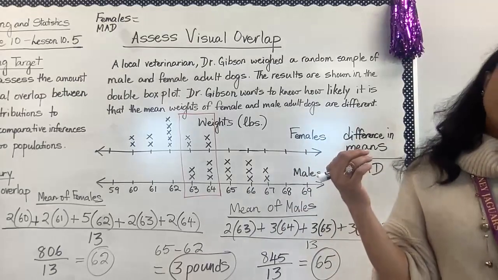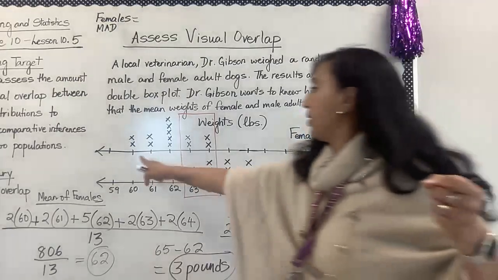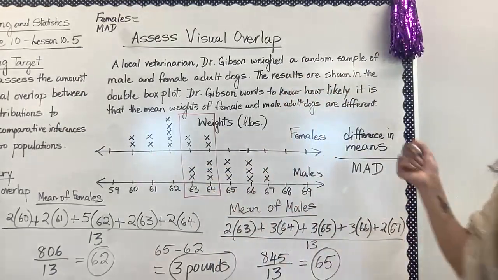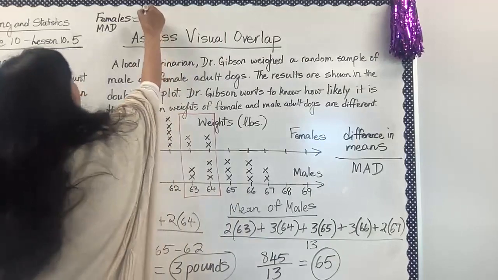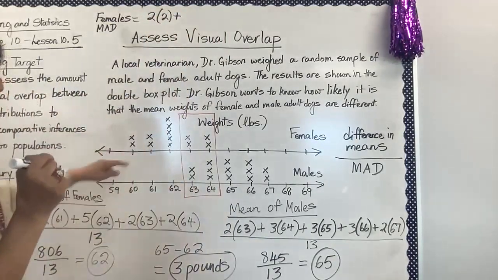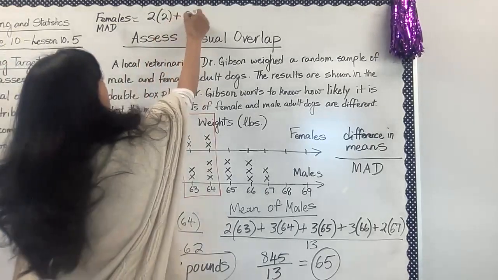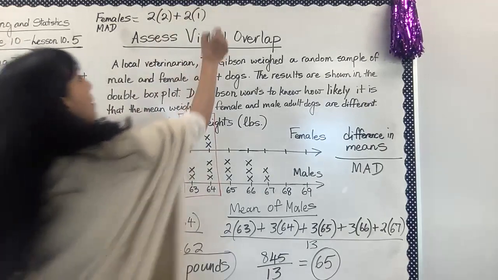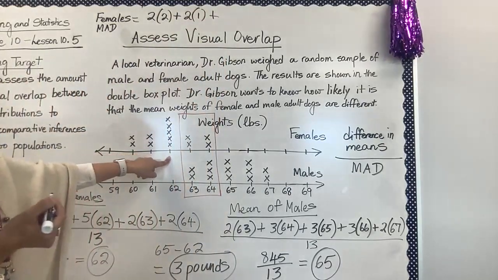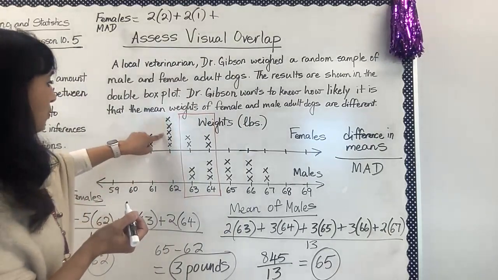You're trying to find the mean absolute deviation, and we can see we have two numbers that are 2 away from 62, right? So 2 times 2, plus we have two numbers that are 1 away, so 2 times 1. Plus there's no distance for the numbers equal to 62, because there are 5 of them: 1, 2, 3, 4, 5.